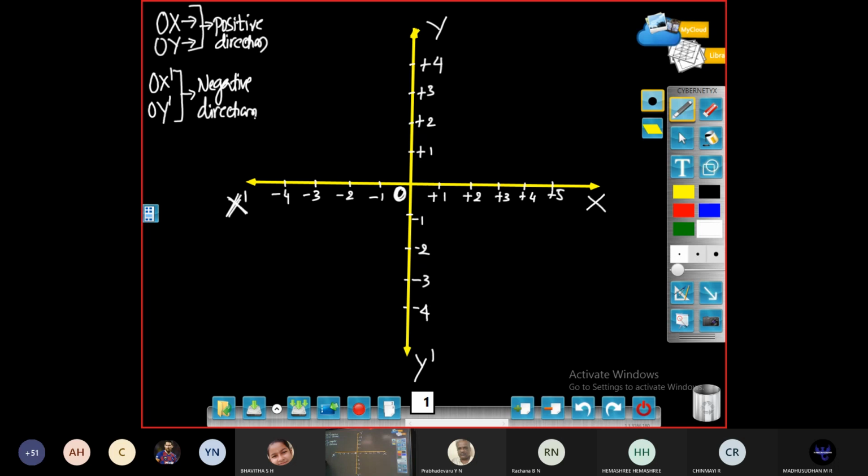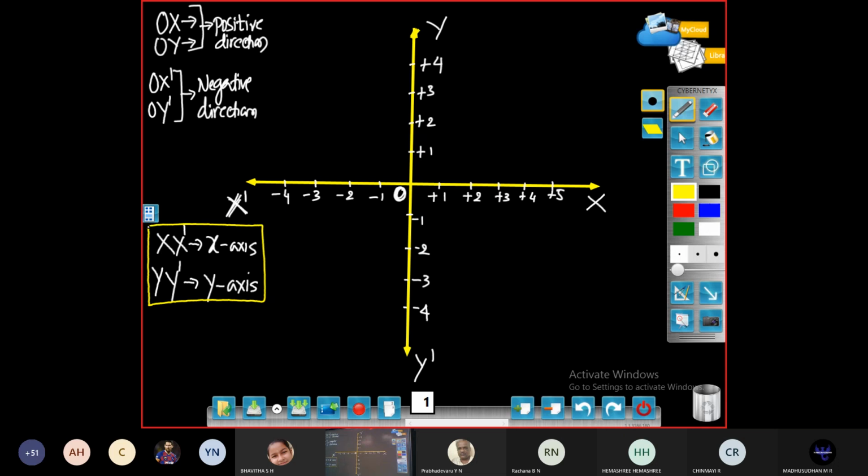So here XOX dash, XX dash is called the X-axis. YY dash is called the Y-axis. These two are called X-axis and Y-axis. Remember that.